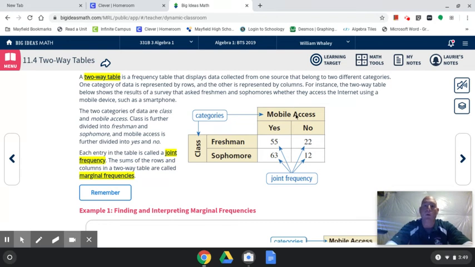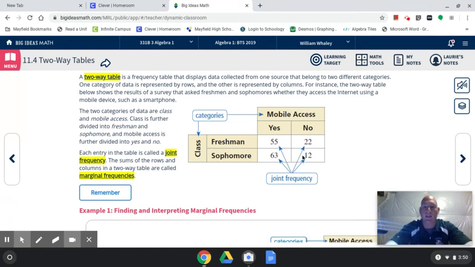But we have mobile access, and then class, where we're breaking up freshmen and sophomores. For mobile access, you can answer yes or no. This is actually enough data to talk about everything we're going to be looking at. If we look at it individually, 55 freshmen said yes, 22 freshmen said no, 63 sophomores said yes, 12 sophomores said no. So that talks about your joint frequency.